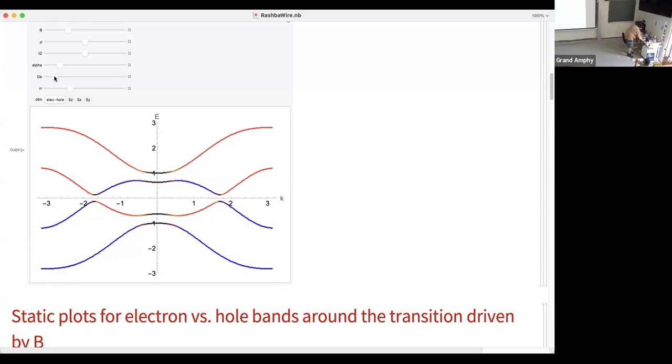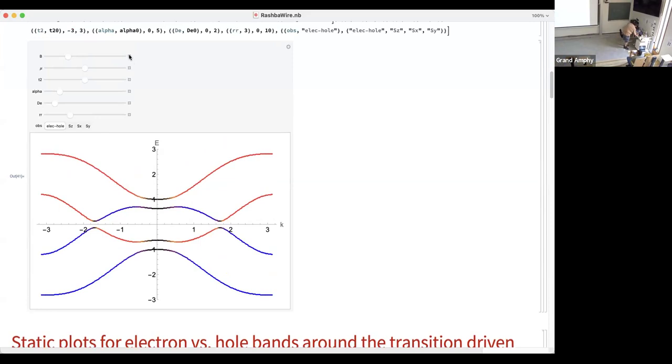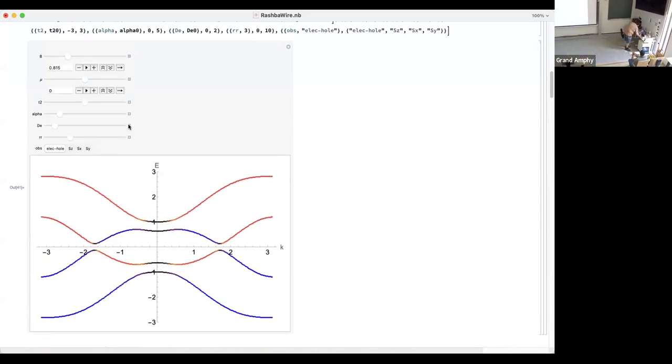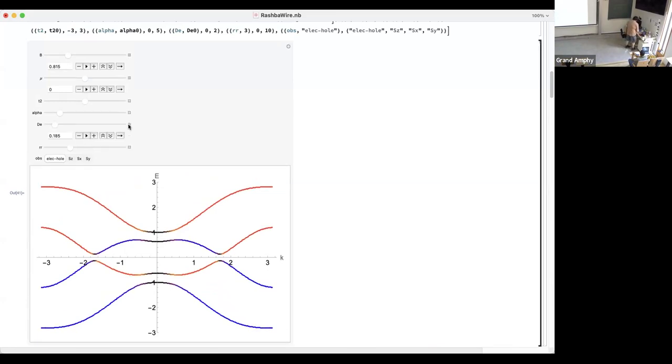Okay, so then you can check that there's a transition. This topological transition is happening with this criterion.